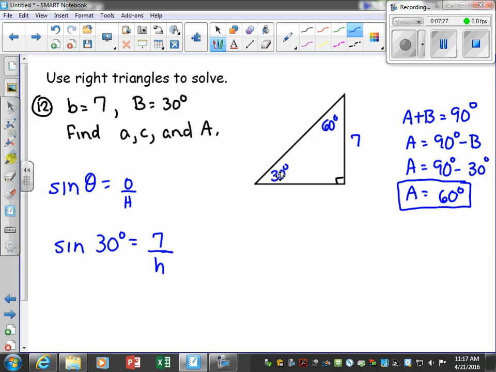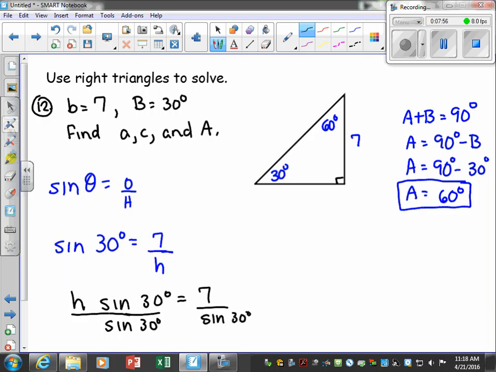So we're just going to let that be h for hypotenuse. So let's cross multiply this algebraically, and so we will get h times the sine of 30 is equal to 7. And how will we solve for hypotenuse? Divide both sides by the sine of 30. Whatever you do to one side, do to the other.